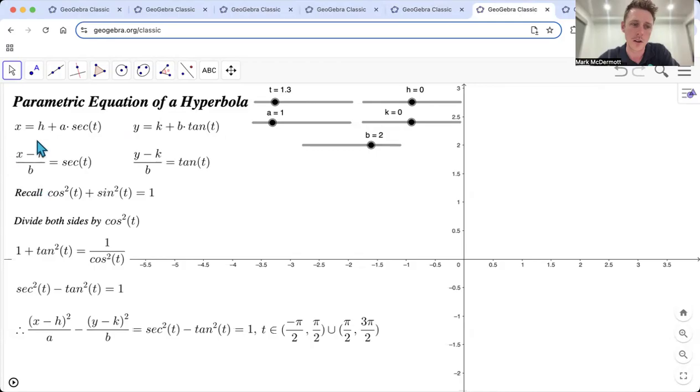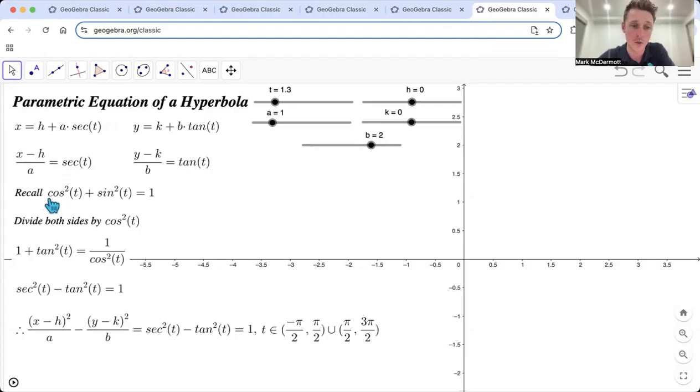If we just rearrange this, we can see that x minus h on a equals secant of t, and y minus k on b equals tan of t.